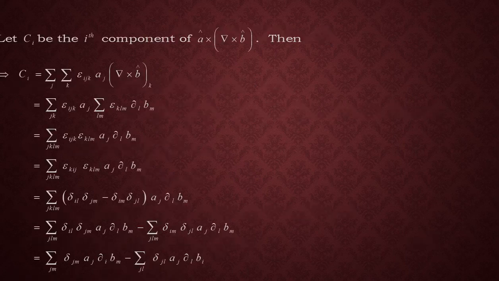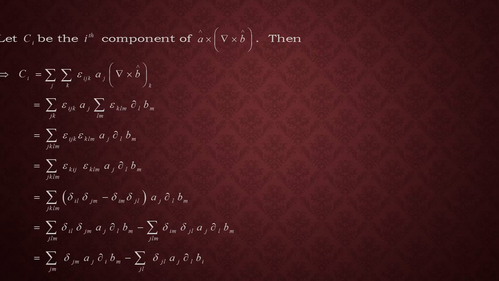Suppose that C suffix i represents the ith component of the cross product A cap cross curl B cap. This ith component C suffix i of A cap cross del cross B cap can be represented as C suffix i equals summation sigma over j summation sigma over k epsilon suffix ijk A suffix j (del cross B cap) suffix k.